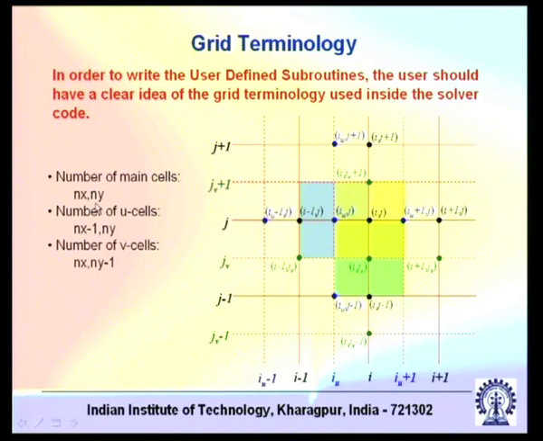Number of main cells nx comma ny, nx along x and ny along y. Number of u cells is nx minus 1 comma ny. Because it is staggered, the number of cells for the x momentum equation solution will be 1 less than the total number of cells for the other scalar equations. Similarly, number of v cells is nx comma ny minus 1.